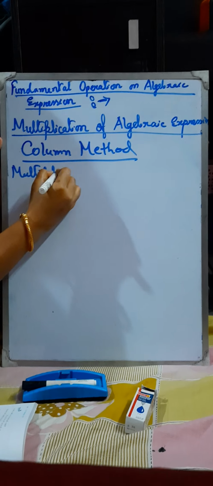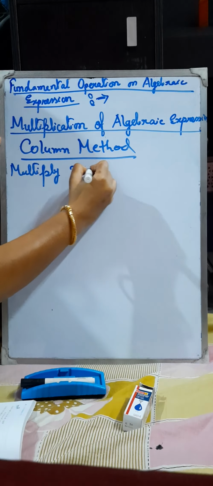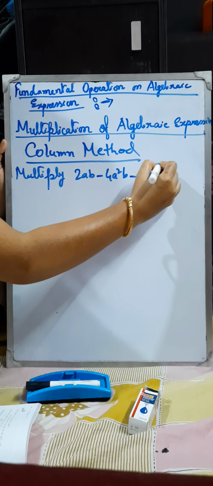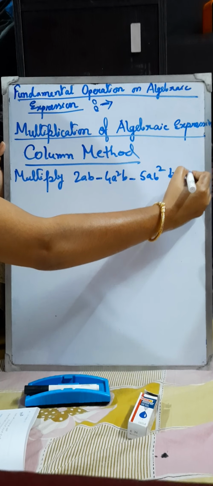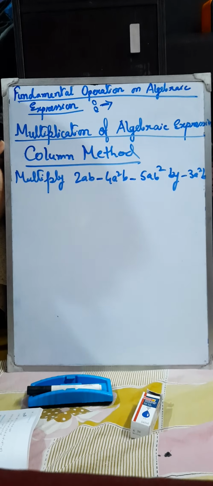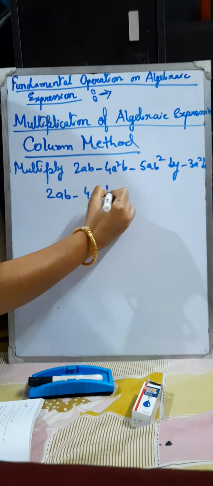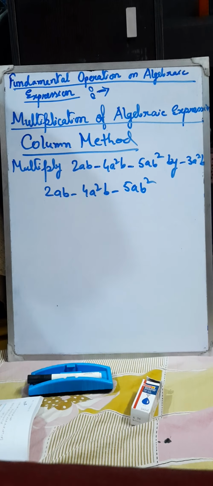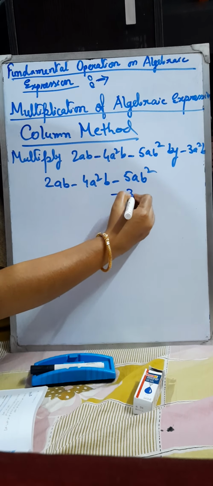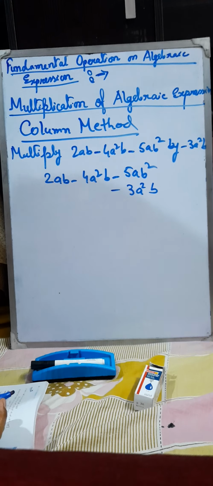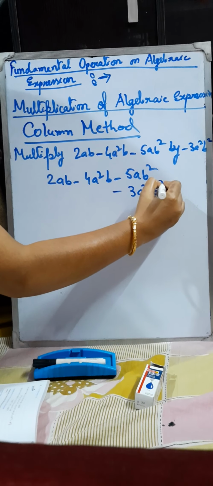So for the column method, if it is given to multiply 2ab minus 4a square b minus 5ab square by minus 3a square b square. In the column method, we write 2ab minus 4a square b minus 5ab square, multiplied by minus 3a square b square.